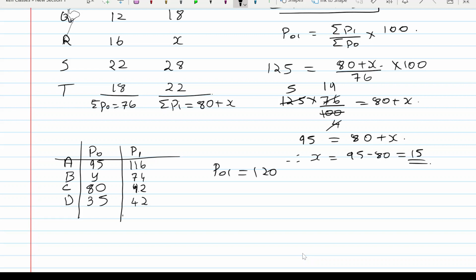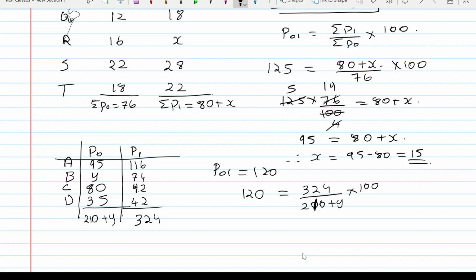160, 560 रहेगा. Summation P0 कितना आता है? 210 plus y. And this is how much? 324. So you're going to get 120 is equal to 324 upon 210 plus y into 100.